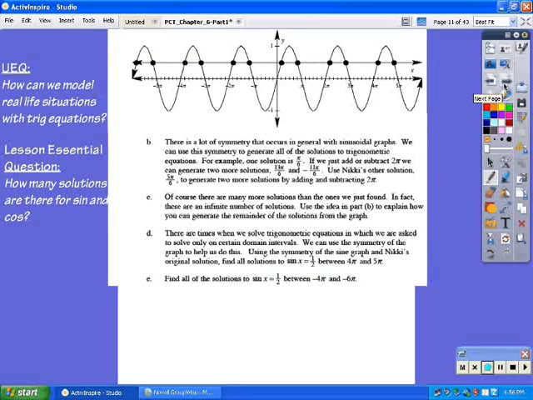There is a lot of symmetry that occurs. We can use this symmetry to generate all the solutions. For example, we can't add pi here, because from this solution to the next time this one occurs, which is here, where the graph is increasing, is this answer right here. And then the next time that one occurs is here.